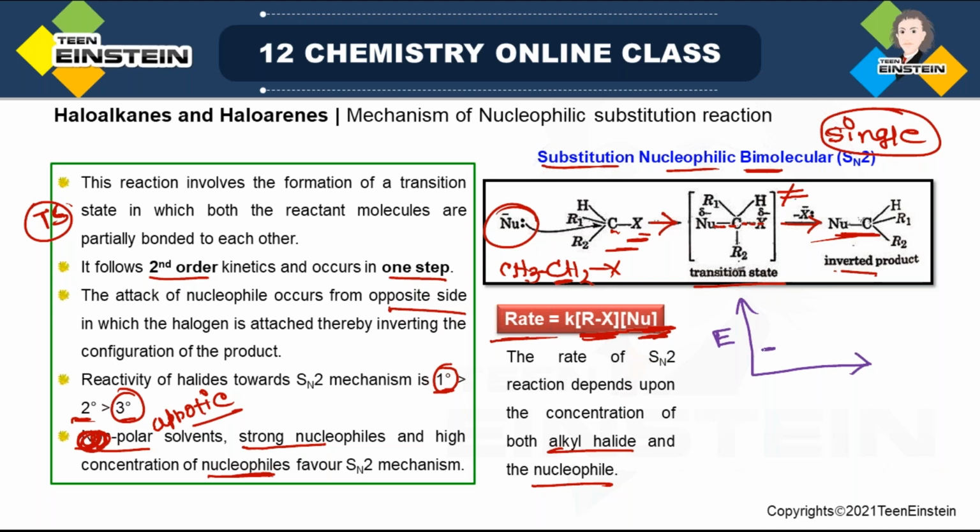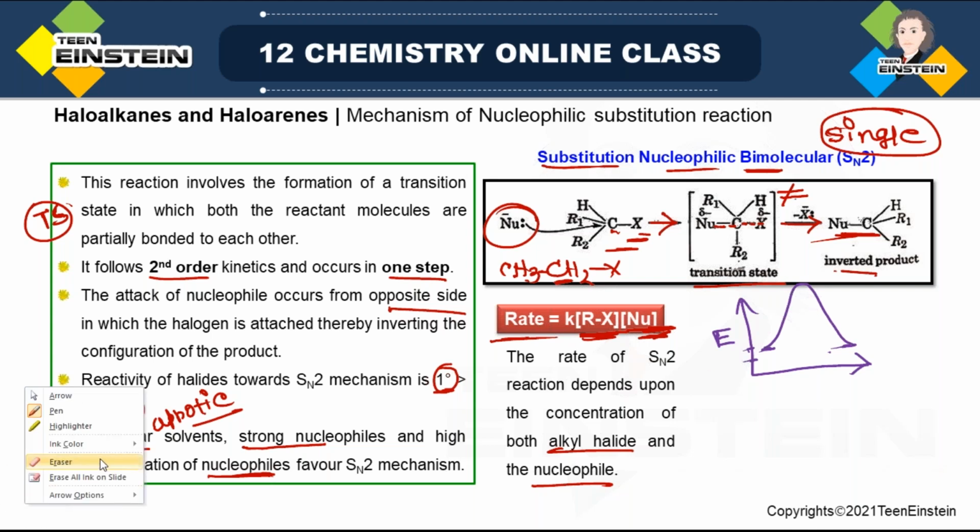Now if this is the position of starting material, that is alkyl halide, and if this is the position of product, suppose the starting material has energy at this position, and the product has energy slightly lower than this, and the nature of the graph will be a single humped graph. And the reason is, as it is a single step reaction, that is why the energy profile diagram will be like this.